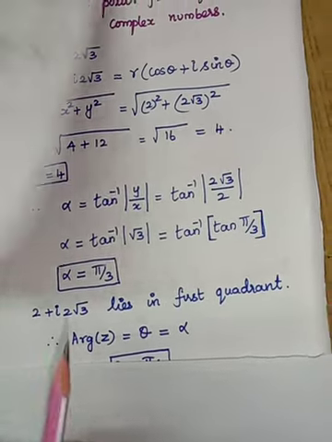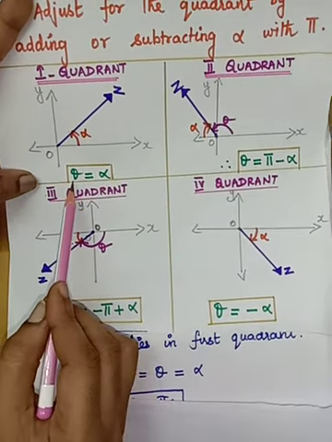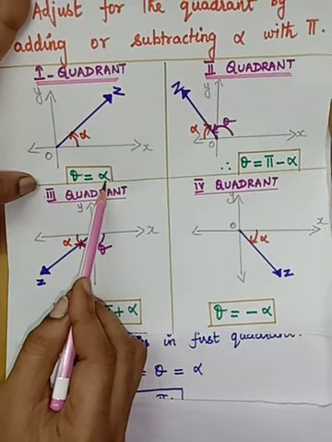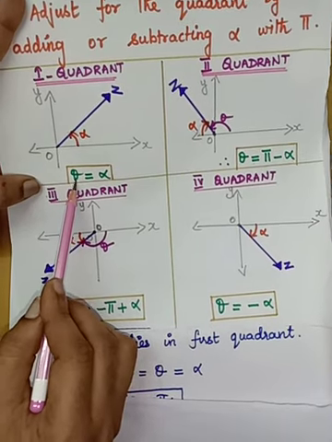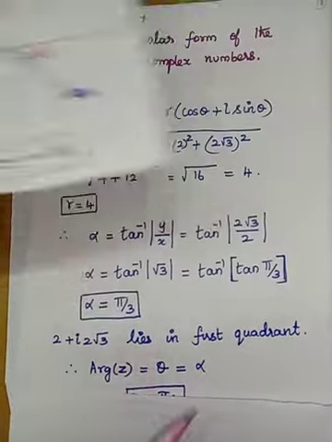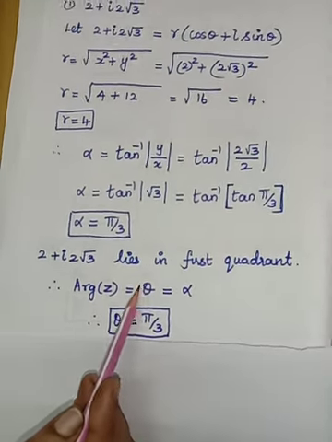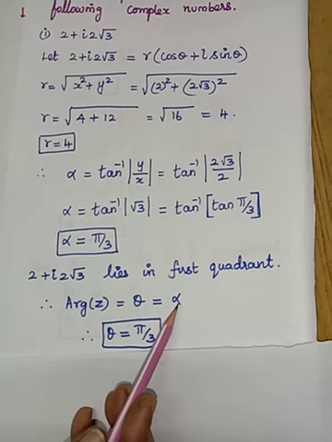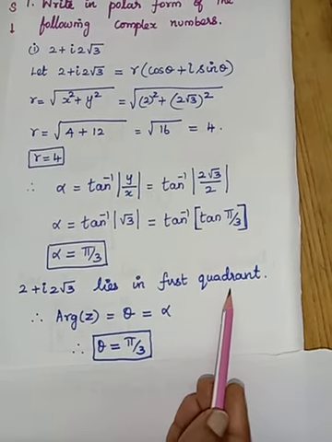If the complex number lies in the first quadrant, your theta is equal to alpha. There is no change between alpha and theta. Therefore the argument of z, that is theta, is equal to alpha because this complex number lies in the first quadrant.